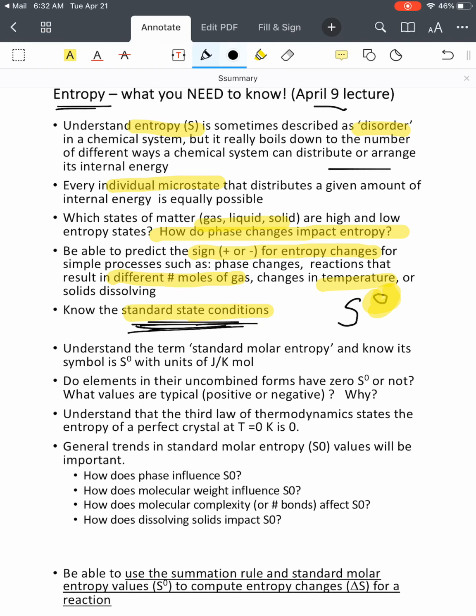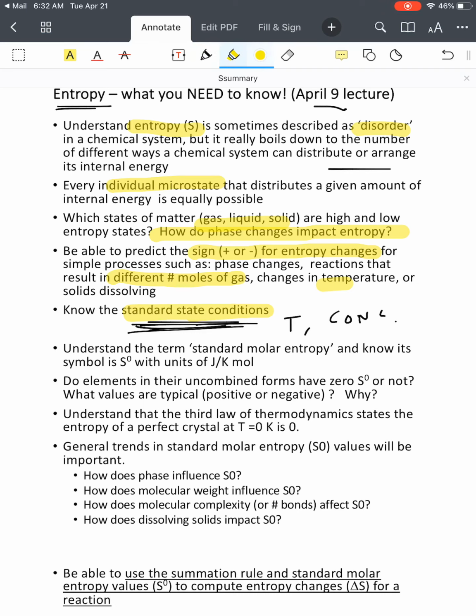So know what that is. There are very specific conditions to know for temperature and also for the concentrations or partial pressures of gases. You might want to familiarize yourself with that to make sure you understand what that standard state is. That's usually pretty important in thermodynamic circles.